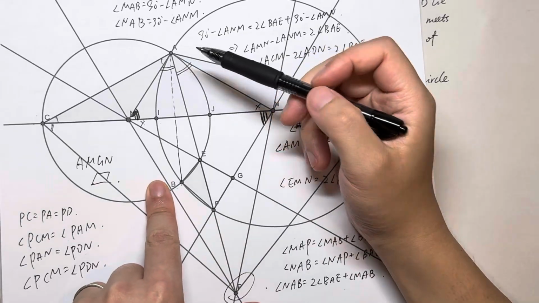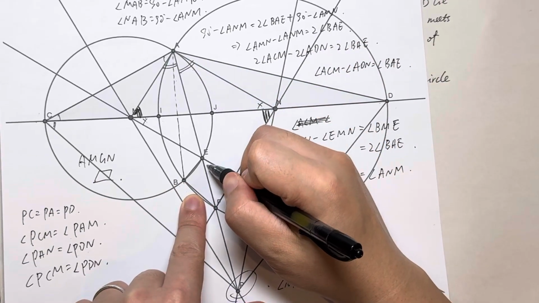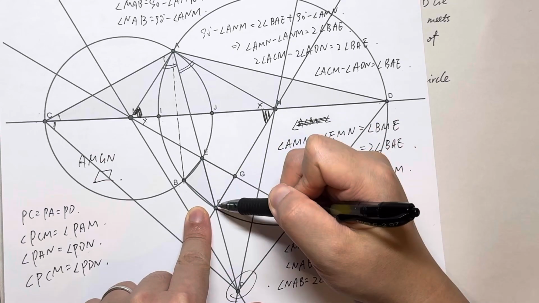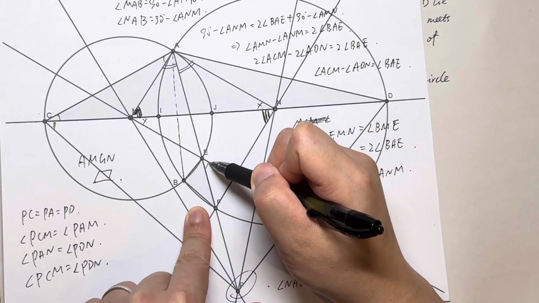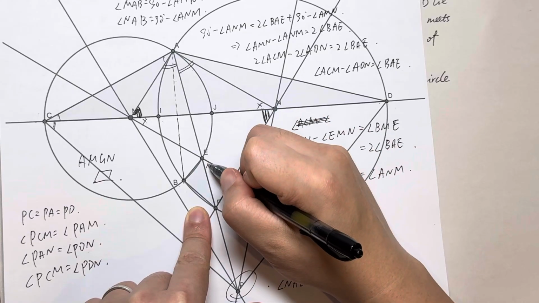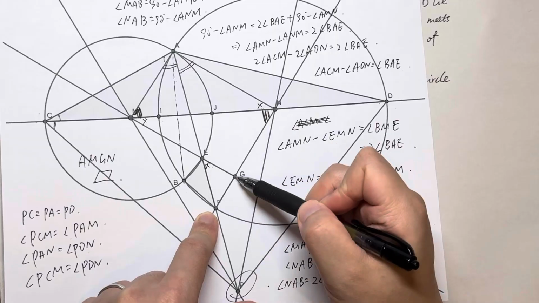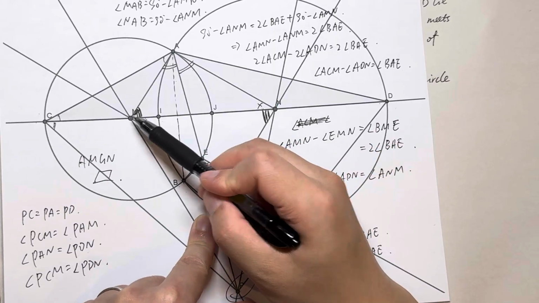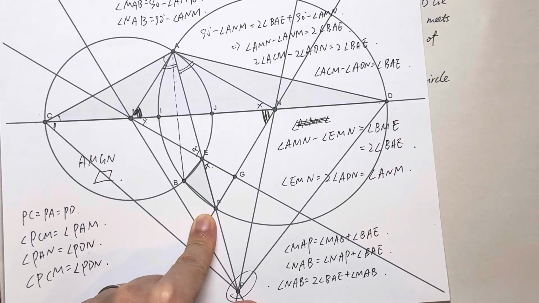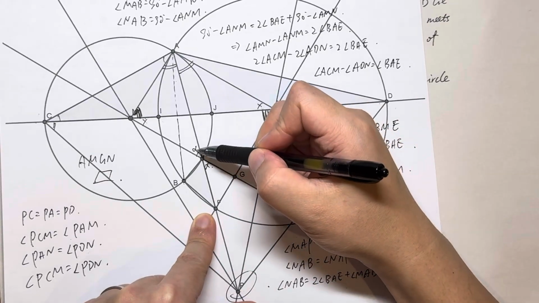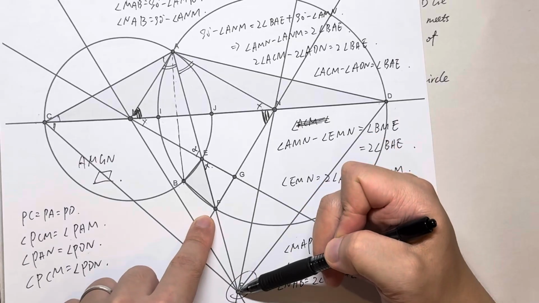That's awesome. Because now if we look at the angle FEG, let me call it alpha. The angle FEG equals to angle MEA, which is alpha. And this one equals to angle MAP.